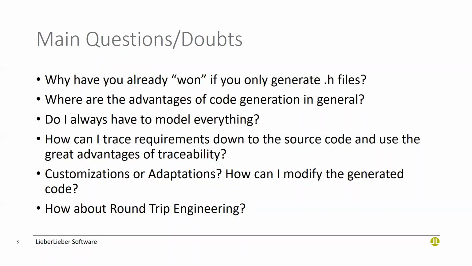How can you do little customizations and adaptations? If we have enough time, we'll show something. If we don't have, we will point you to the documentation in our proceedings. And the truth about round-trip engineering is one of the questions I'm always happy to answer.